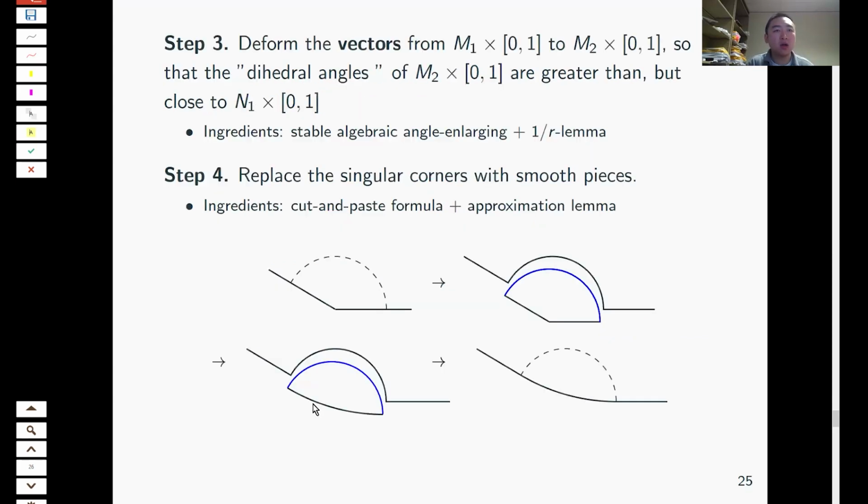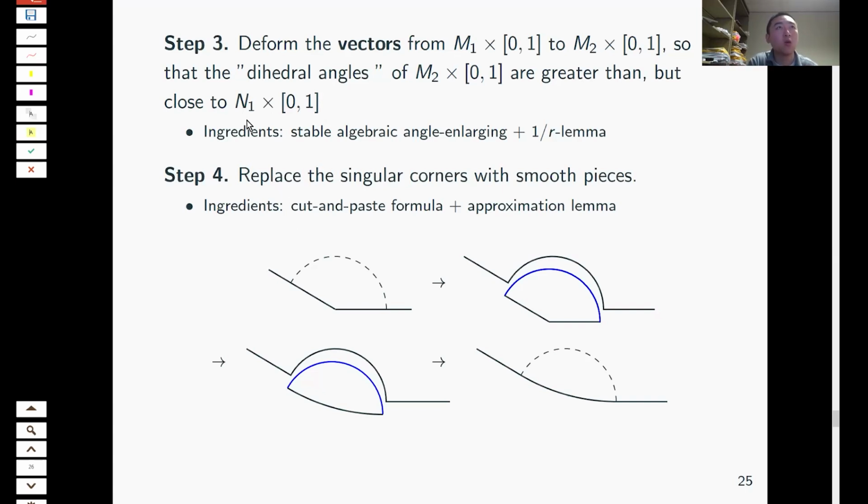Now after the second step, the third step is that we will still want to compute the index, in the case that N and M are already very, very alike. So we can deform the vectors from M1 to M2 so that the dihedral angles, or even the entire geometry of M2, are greater than, but close to, N1. So this process is done by reversing our angle enlarging proposition.